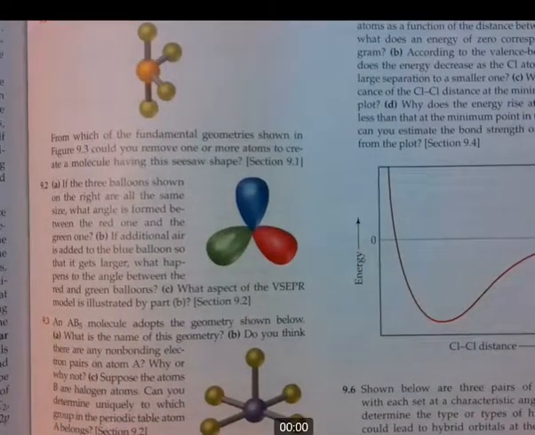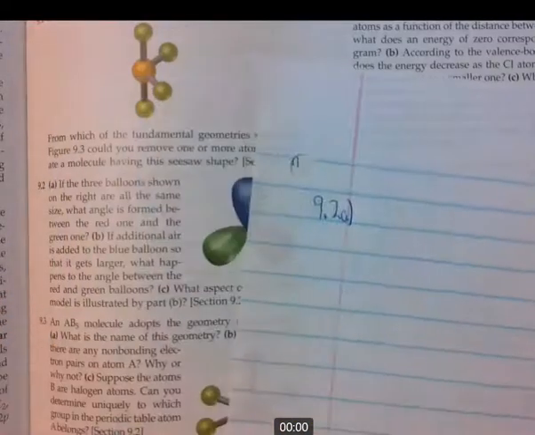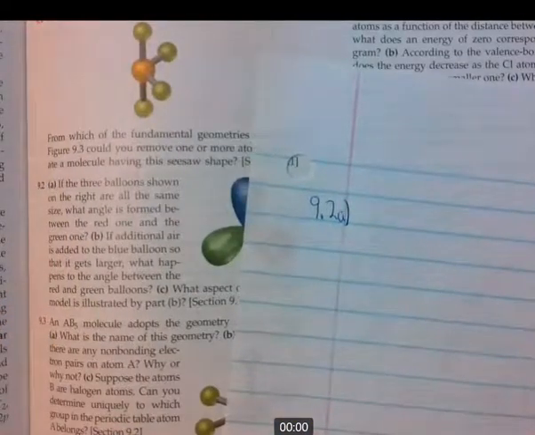I'm going to show you how I want you to write these out. I won't necessarily write out all answers on this video completely, but I will expect you to do that. But the first one, let's go ahead and write it out completely. So it's 9.2a. The question was, if the three balloons on the right are all the same size, what angle is formed?